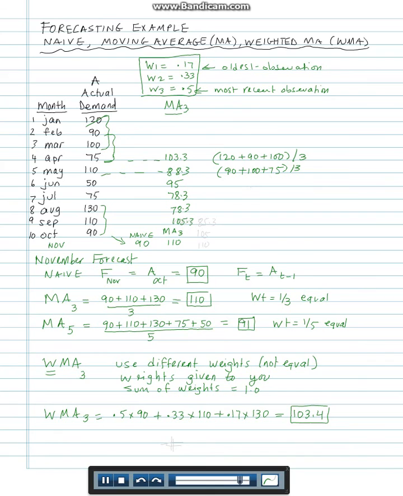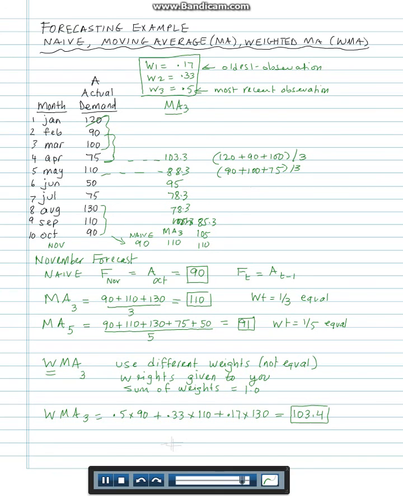Let me see, I missed a number here. This number should have been 85.3, then 105, and then 110. Now it matches the example in your book.